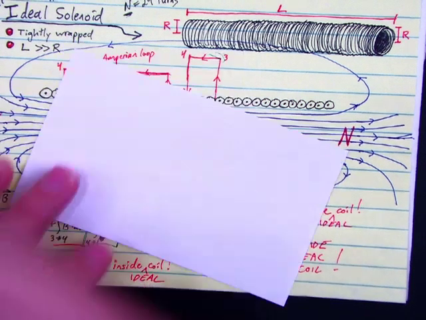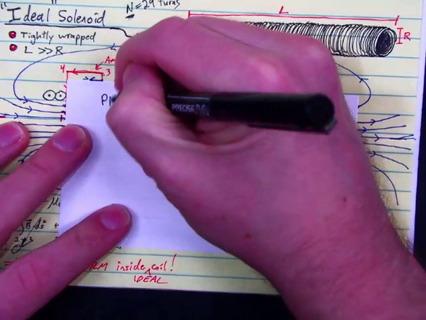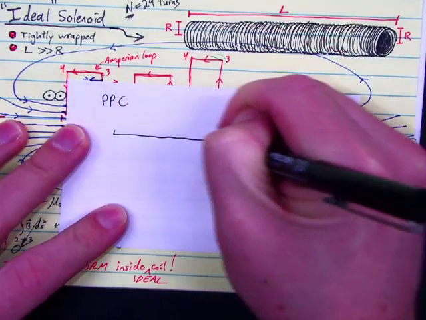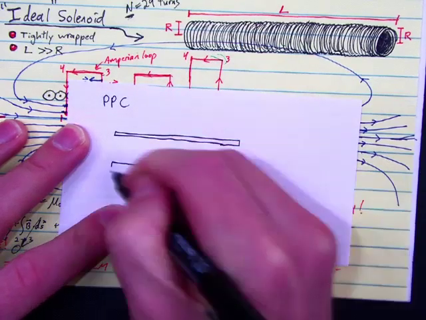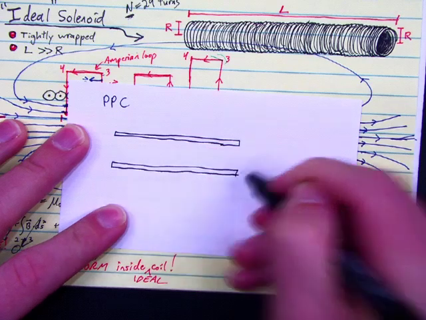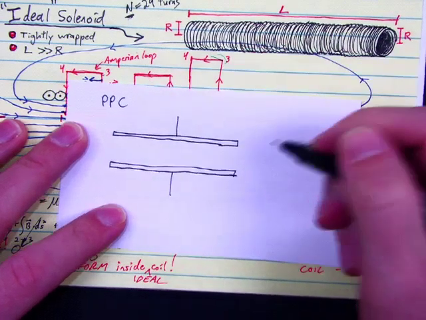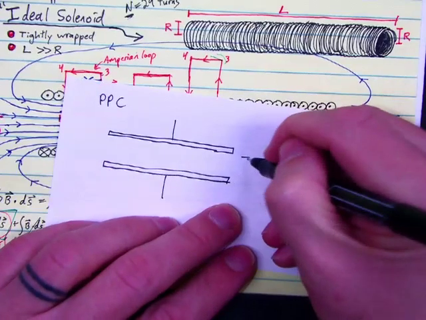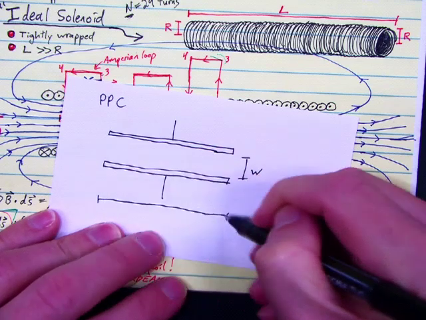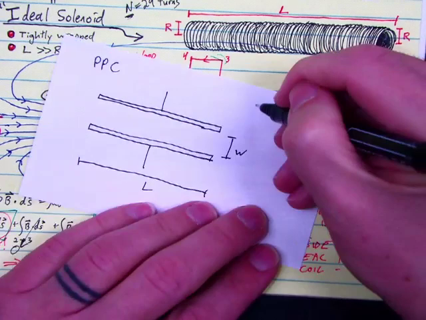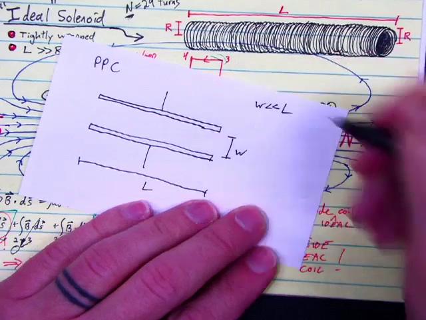Quick reminder on our parallel plate capacitor, the ideal capacitor that had big plates, closely spaced, with separation W that was much less than our length L, W much less than L for our ideal case.